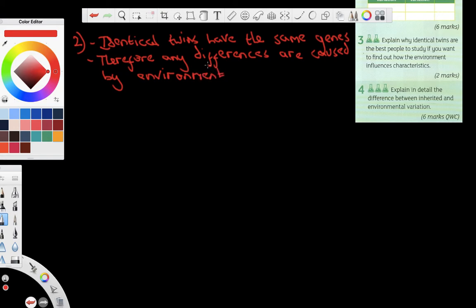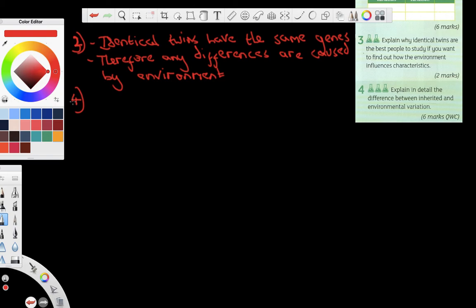So for the first mark, you needed to say that identical twins, this isn't question 2, this is question 3, identical twins have the same genes. And for a second mark, you needed to say, therefore, any differences are caused by their environment. Question 4, our final question, says, explain in detail the difference between inherited and environmental variation.